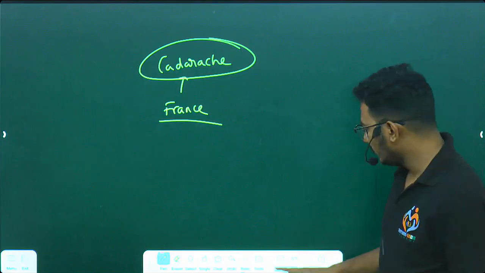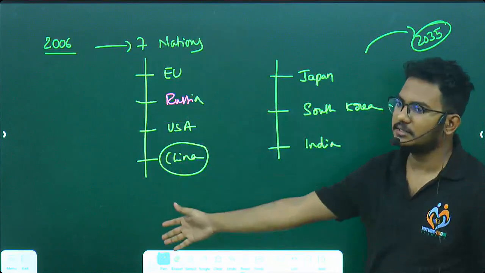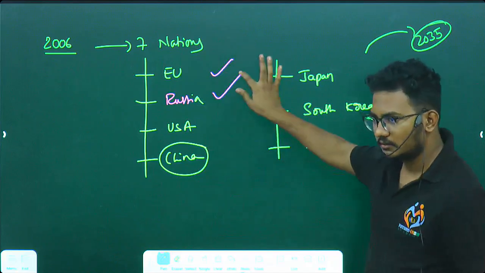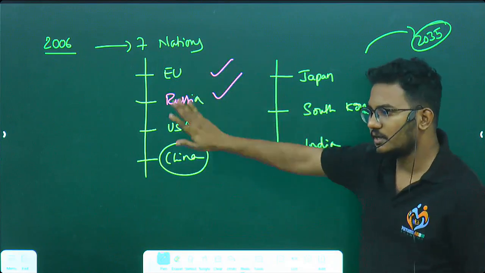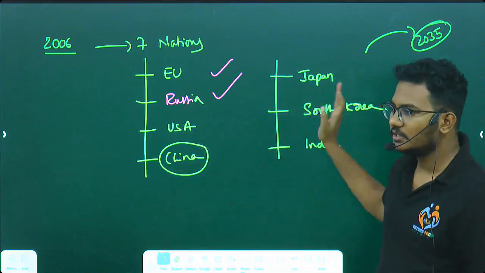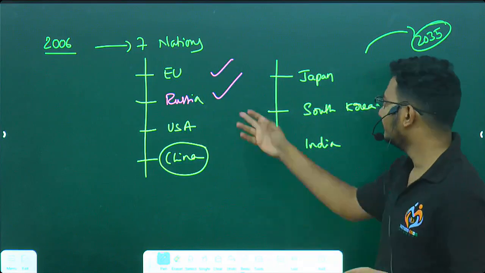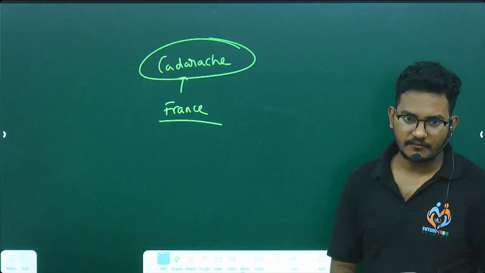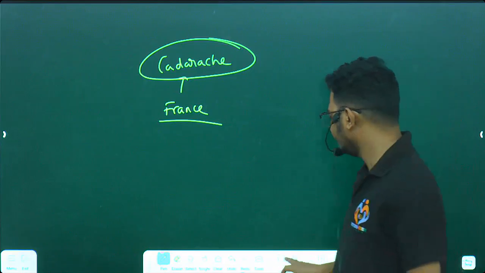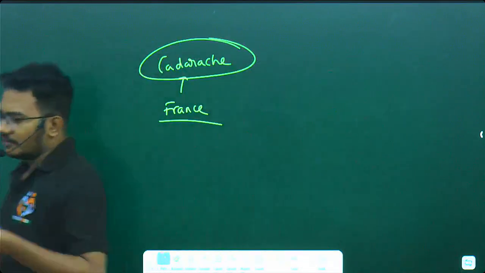Okay, so who is included in the plan? 7 nations: the European Union, Russia, USA, China, South Korea, Japan, and India. And the place is Cadarache, France.